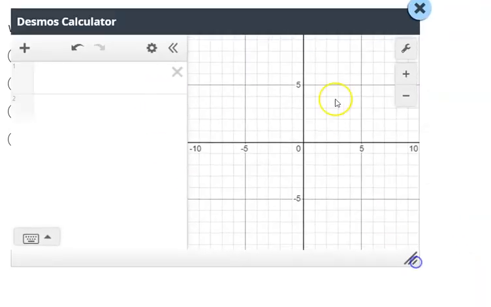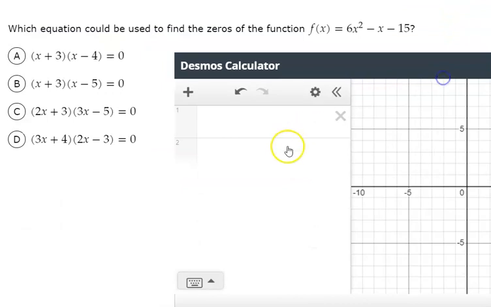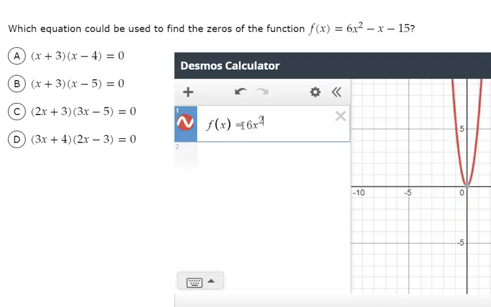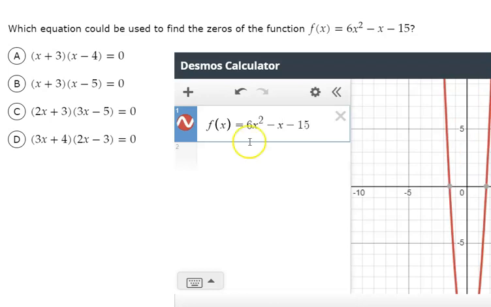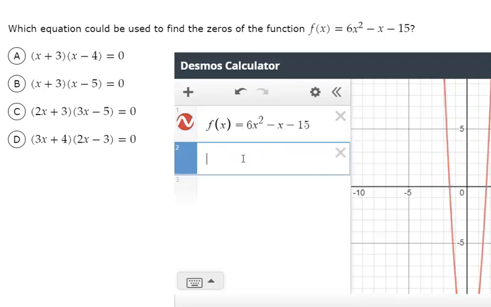So I'm going to take my Desmos calculator and type in my original function, f of x. And then I'm going to type in my answer choices and find the one that matches this graph, which is a parabola.